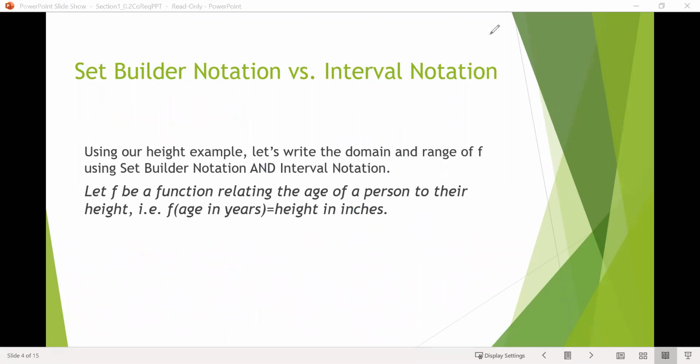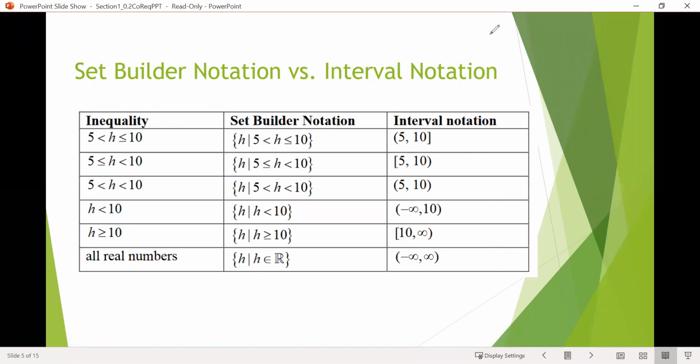I really like this chart here because it shows the relationships between inequality notation, set builder notation, and interval notation very nicely. On the left, you see something in inequality notation like this one here, and you see it in set builder, and then you can see how that relates to interval notation.